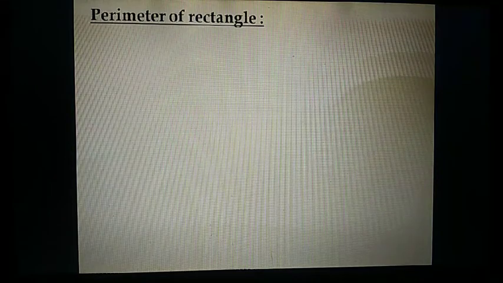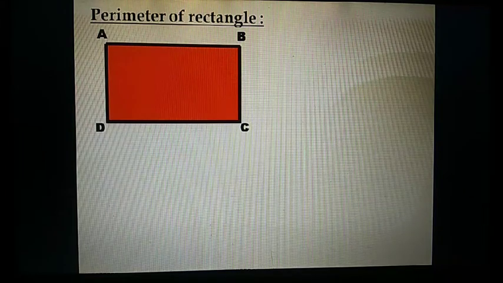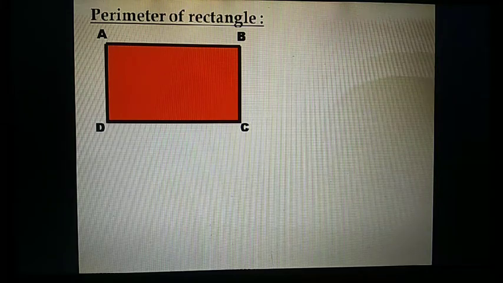For this, first you will try to find out the perimeter of a rectangle. Now this is a rectangle. As you know, the opposite sides of any rectangle are always equal in length.